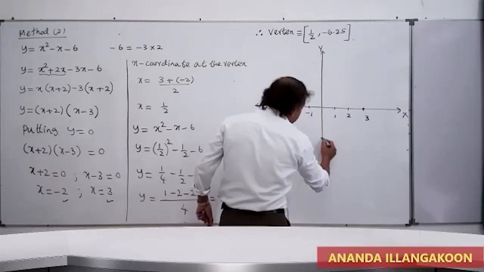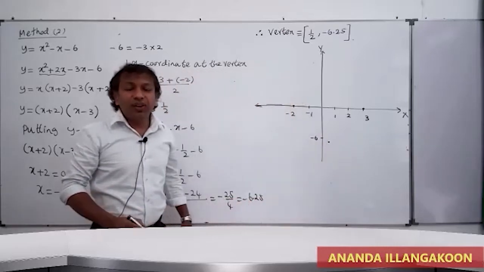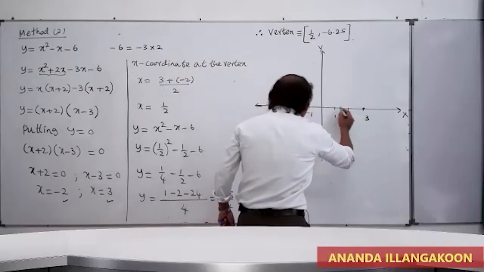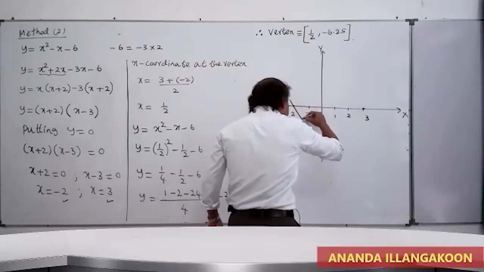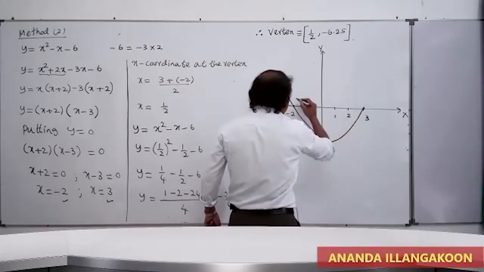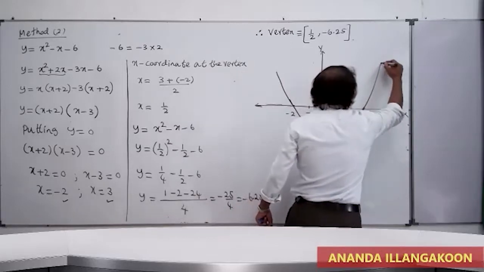Now, people, we can draw a rough sketch. The graph is passing through this point and this point. Here, the graph is coming like this. This is the graph, people.